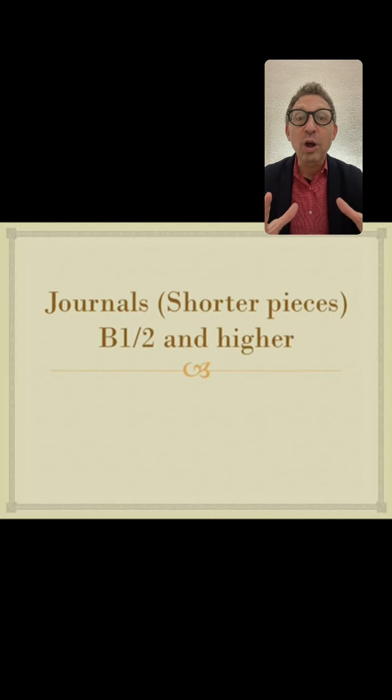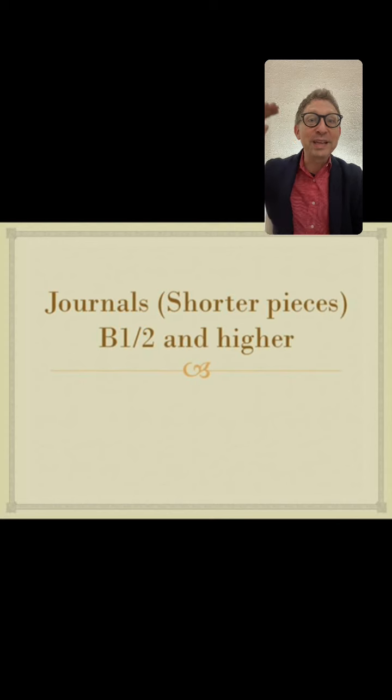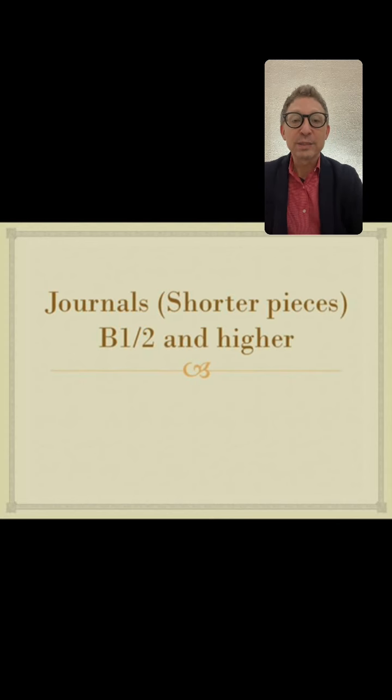Journal articles are shorter. And I think this is more manageable for most readers. Now, this is generally going to be intermediate, upper intermediate, and advanced. This is who I'm talking to at the moment, and especially those advanced readers, because some of these are difficult.